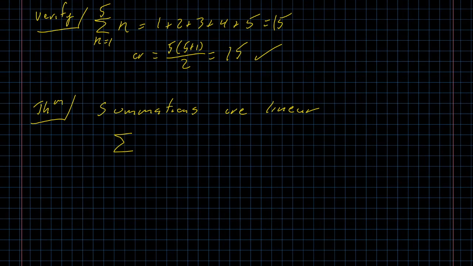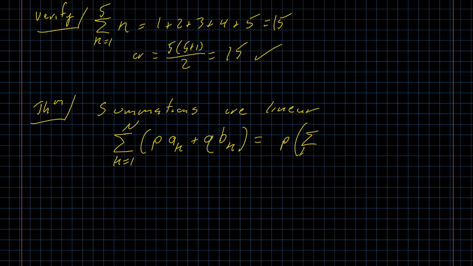If I have a summation, k goes from 1 to n to be generic about it, of a linear combination of sequences, some constant, let's go with p, times some sequence, ak, plus some other constant, let's go with q, times some other sequence, let's go with bk, I claim is going to be equal to p times the sum, k goes from 1 to n, of ak plus q times the sum, k goes from 1 to n, of bk.